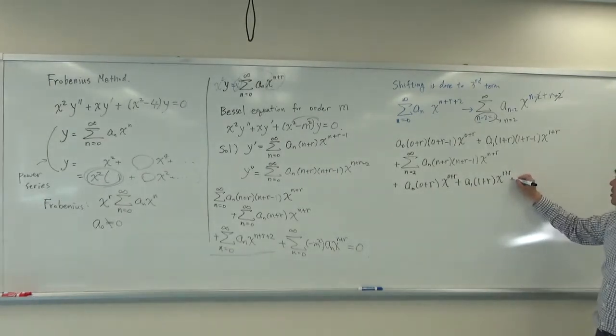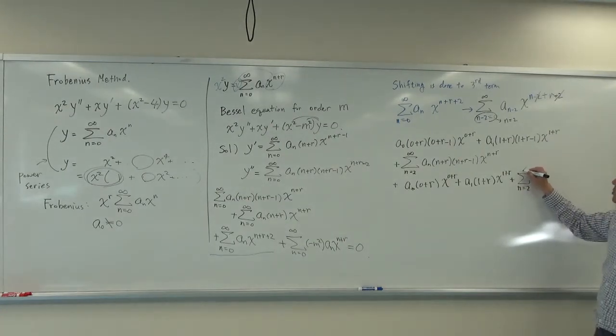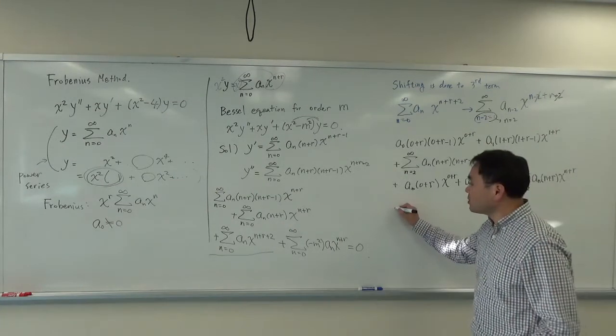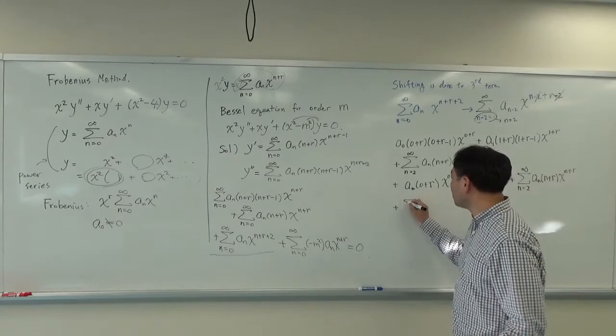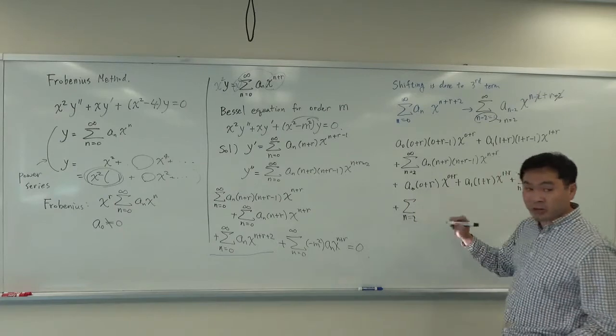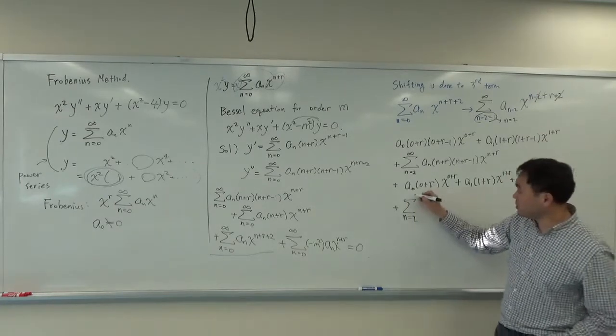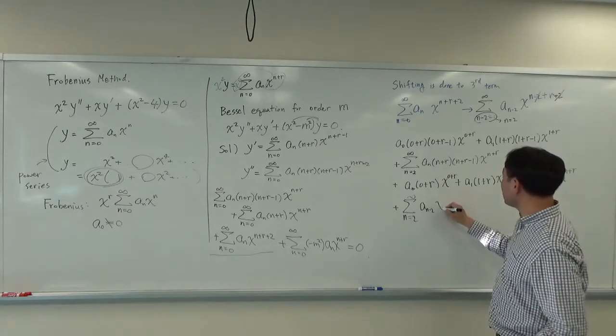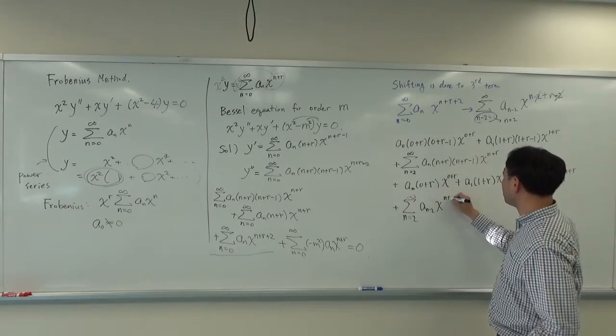And then I can write down the summation of n equals 2 to infinity of a_n (n plus r) x to the n plus r. Then here we have the shifted one, which starts from 2 anyway, and it's a_(n minus 2) x to the n plus r.